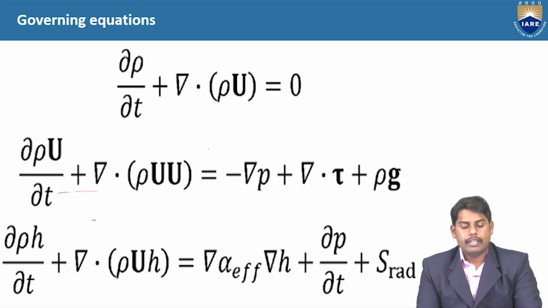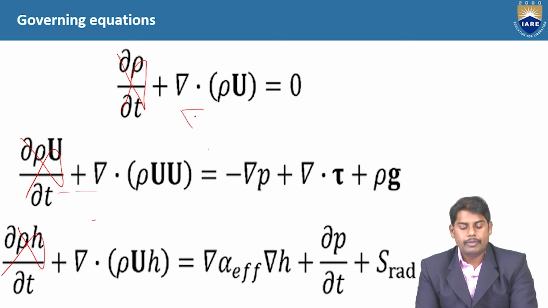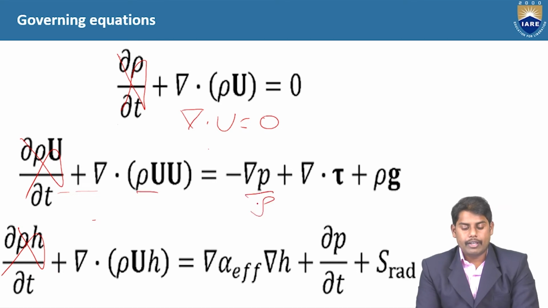In the case of steady flow, what happens? This parameter and this parameter will be neglected. If it is incompressible, this equation reduces to del dot u is equal to 0, which is a simplified form, and the density parameter will come out and get divided by rho.